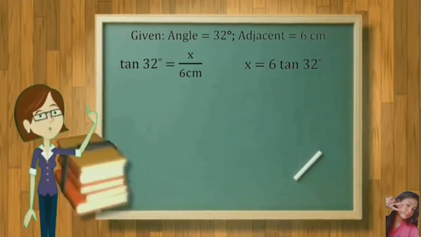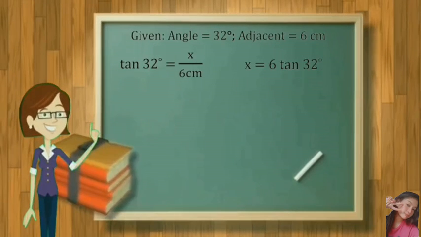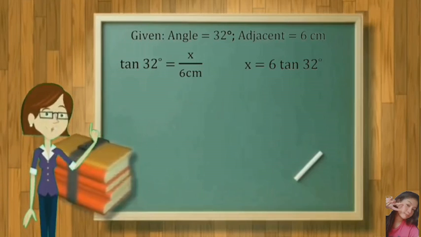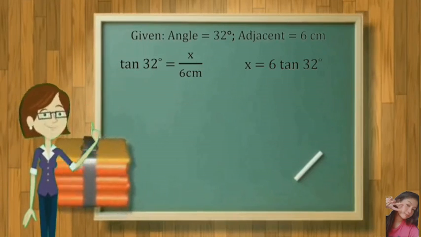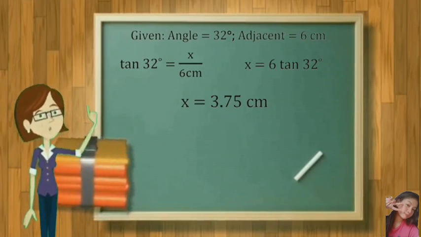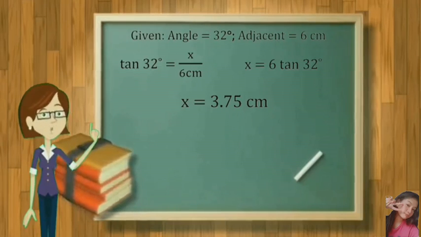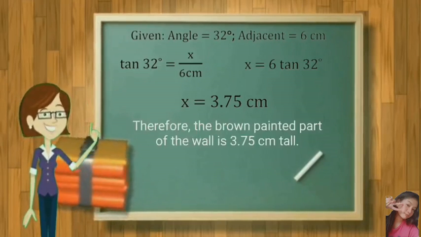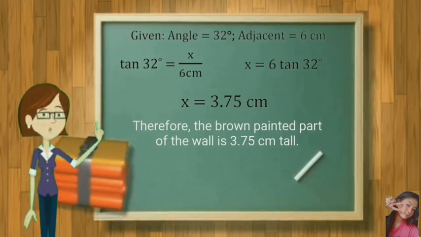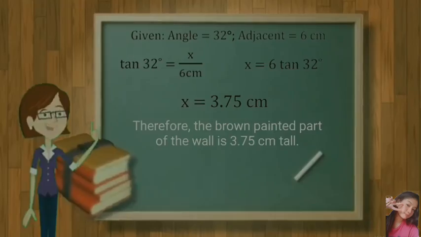Now we have x equals 6 times tangent 32. Solve this with your calculator to find the value of x. After that, we have the value of x, which equals 3.75. Therefore, the height of the brown painted part of the wall is 3.75 centimeters.